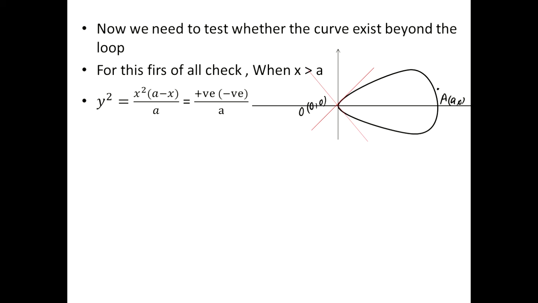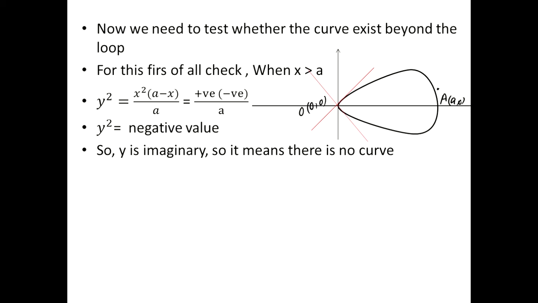In this region, x squared is positive, and the second term, a minus x, is negative. So y squared becomes a negative value, and it produces y imaginary. So there is no curve when x is greater than a.